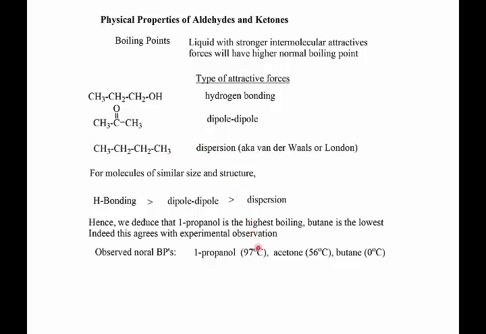And indeed, these are the observed normal boiling points for these compounds. The highest boiling one is propanol, as predicted, 97 degrees. Butane here is the lowest, around 0 degrees Celsius. Acetone is in the middle, literature boiling point of 56 degrees Celsius.